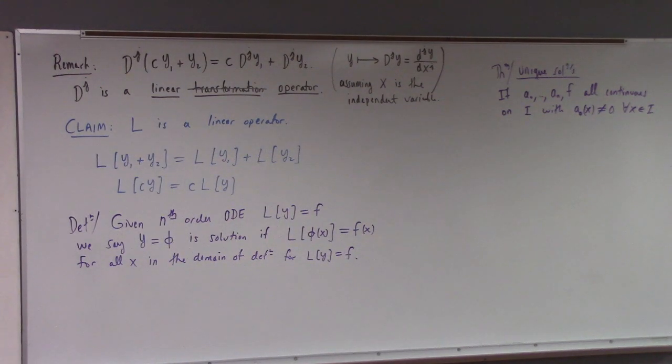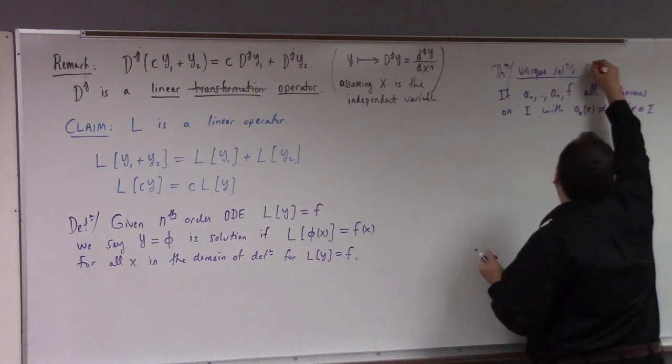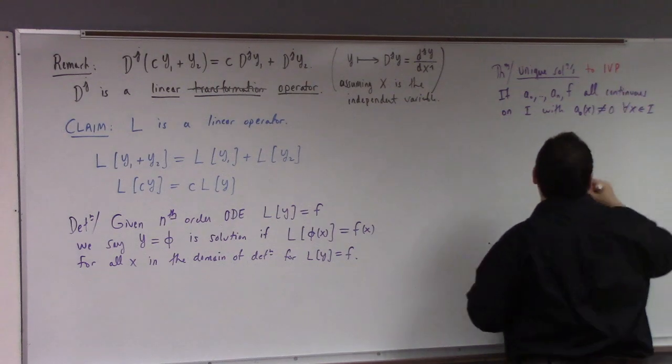See, because what this really is, is the solution to the initial value problem. There's a unique solution to the initial value problem. What's the initial value problem? IVP, initial value problem.